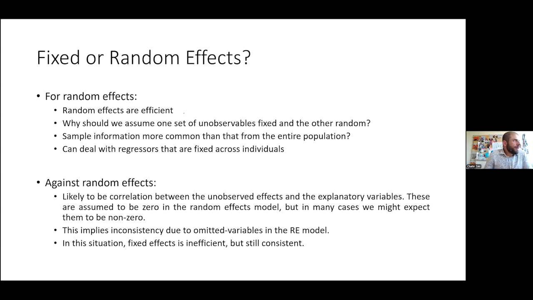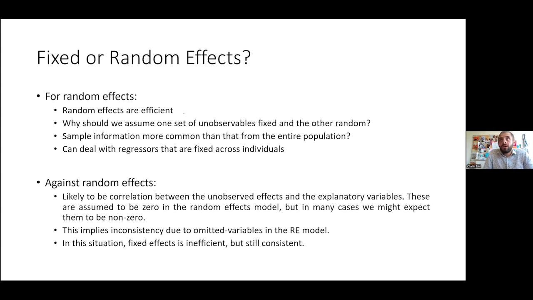However, against the random effect, clearly, if I omit the fixed effects, I will have a misspecification and an omitted variable bias, which will bias the results and lead to inconsistent estimates. Therefore, even if the fixed effects are inefficient, they are consistent.